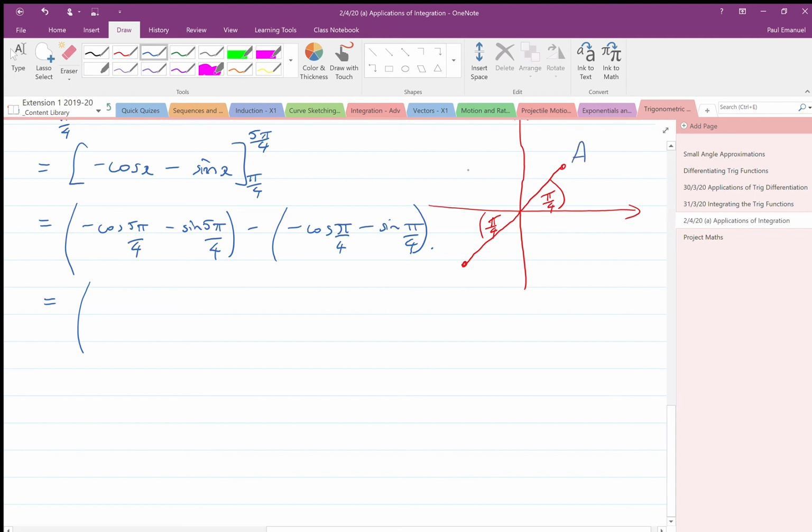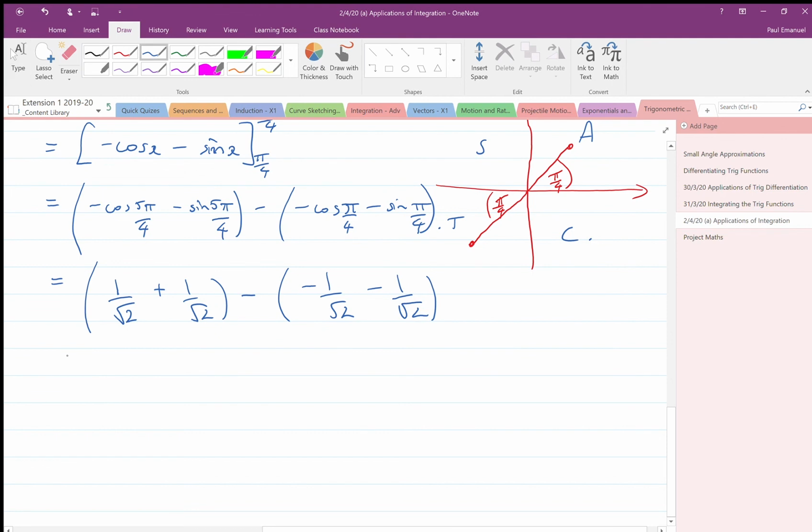This is all stations to central, so over here they're both negative, so this is cos becomes positive 1 on root 2 plus 1 on root 2 minus negative 1 on root 2 minus 1 on root 2, and those negatives all cancel out, and we end up with 4 over root 2. Alright, because these all become pluses, and when it's like that, you really should, I mean, there's never a mark for it, but a good mathematician will do it.